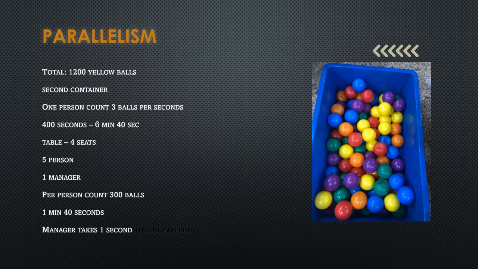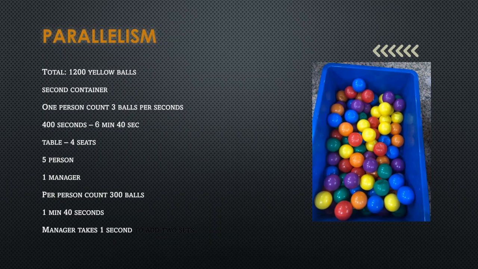So you have 4 people left to count the balls. Each person will count 300 balls, and each will take 1 minute 40 seconds. So if you combine the time taken by each person, it is still 6 minutes 40 seconds. But the entire duration of the task has been reduced to 1 minute 40 seconds.